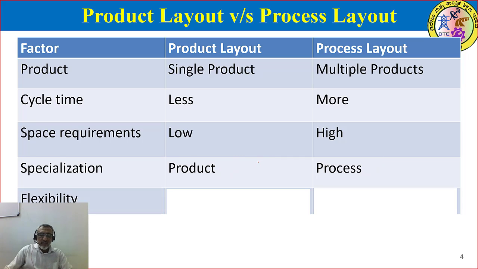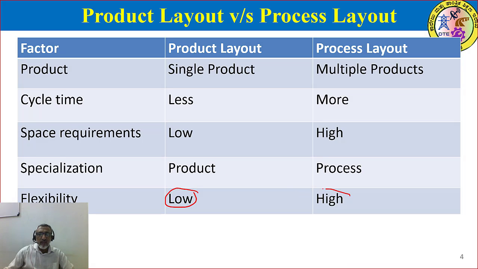And the last thing is the flexibility, that means the ability to change the product. There is not much flexibility in a product layout because everything is focused on a particular product. Here we have a very high amount of flexibility because we have the process-oriented approach, and we have general purpose machines in each of the sections.